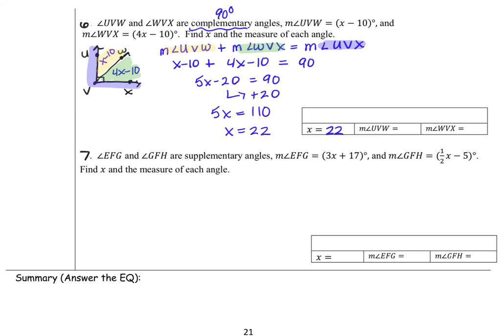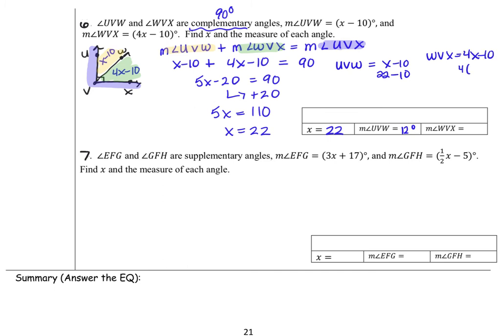So to get the measurement of the angles, we just had to substitute our x back in. So if I was looking at UVW, that is x minus 10, which would be 22 minus 10, and 22 minus 10 is 12 degrees. And then if I was looking at WVX, that's 4x minus 10.